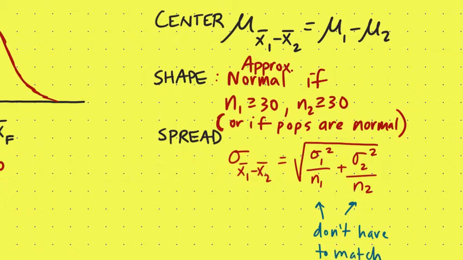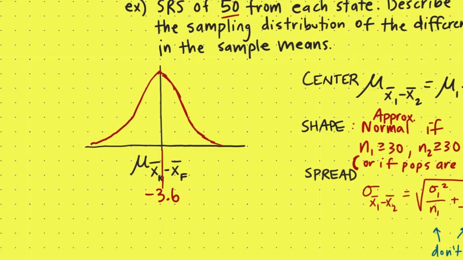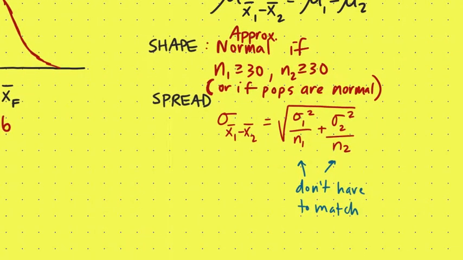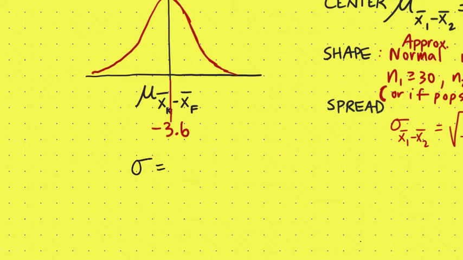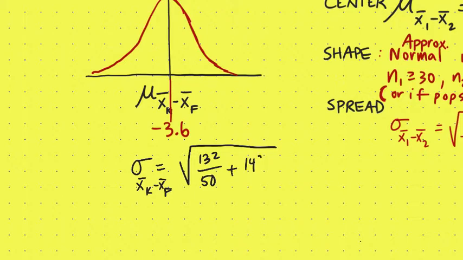So this formula, which as all these formulas are, is on your formula sheet that you will have during your exam. This gives you the spread, or the standard deviation, of the sampling distribution of all possible combinations of a mean of 50 Kentuckians minus a mean of 50 Floridians. If I put our specific numbers into that formula for this example, I would get standard deviation equals, this is for x bar Kentucky minus x bar Florida, the square root of 13 squared over 50 plus 14 squared over 50.